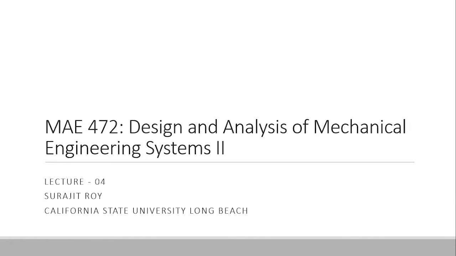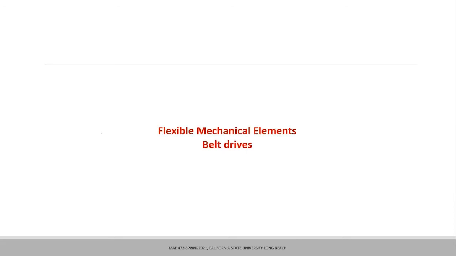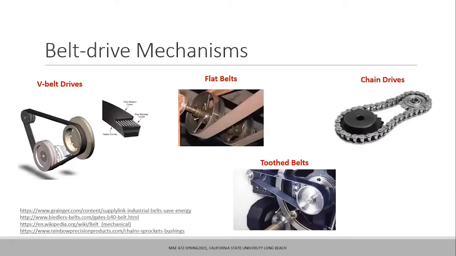Having said that, we will go through some of the introductory slides and then focus on the design aspect. Last week we focused on understanding and selecting a specific type of belt drive for transmitting power, and we saw there are different options: V-belt drives, flat belts, chain drives, toothed belts, and so on.